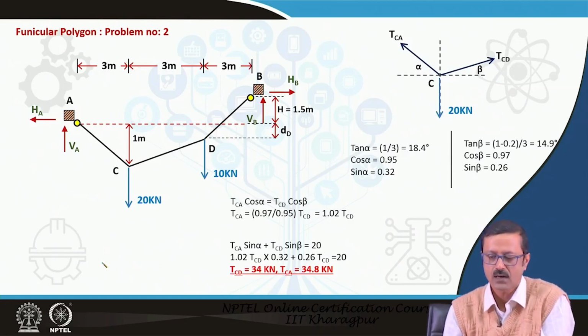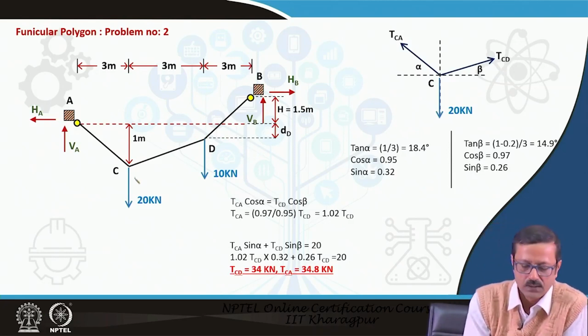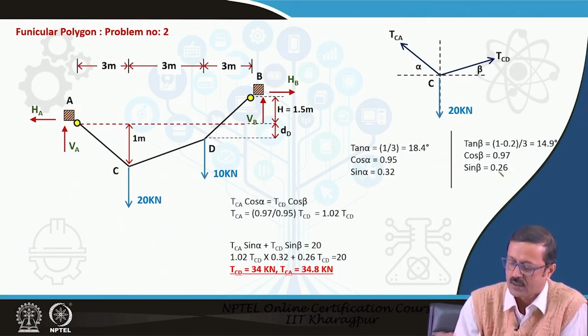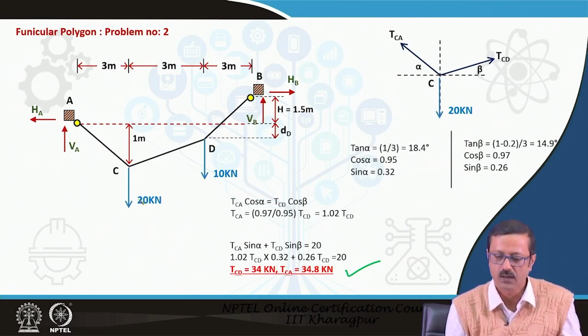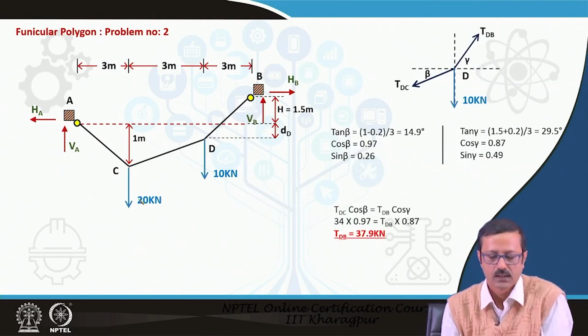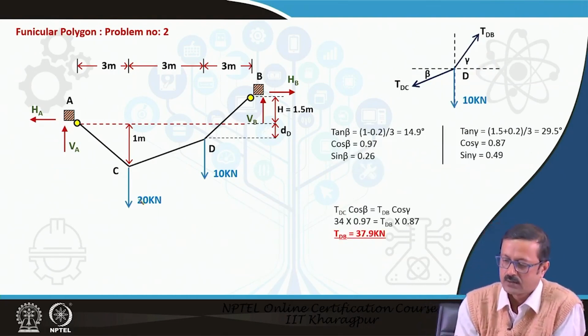And we can now go to each joint, C and D. You can calculate the angles and the cos and sine components and find out the forces CD and CA in these two members. And also you can go to joint D and draw the free body diagram and find out the angles beta and gamma.